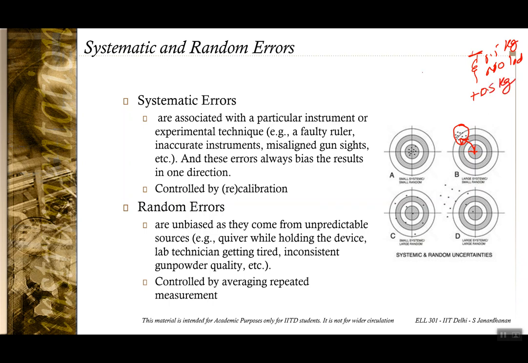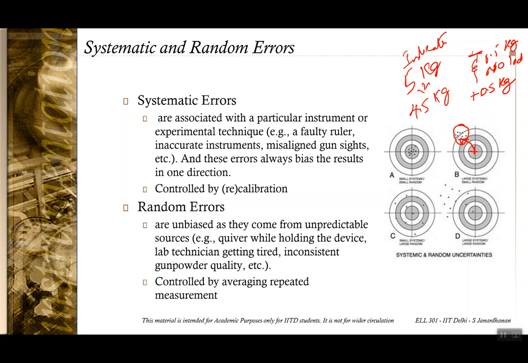So if it indicates, let us say, 5 kg, then you can calibrate and say that when the indication was 5 kg, it actually corresponds to 4.5 kg because of this 0.5 kg error.